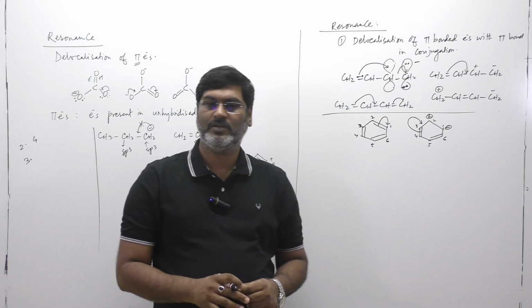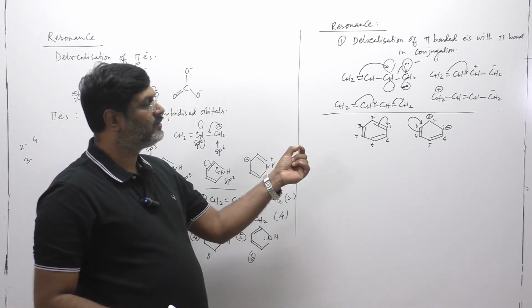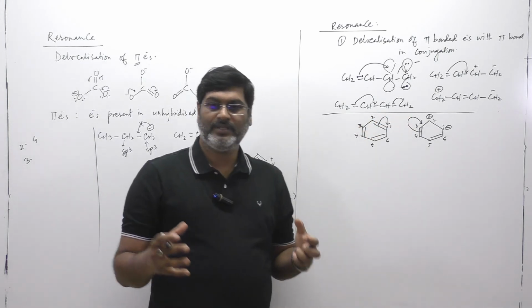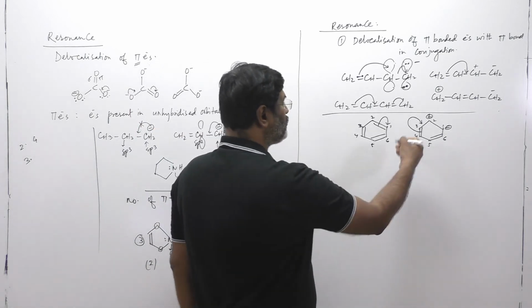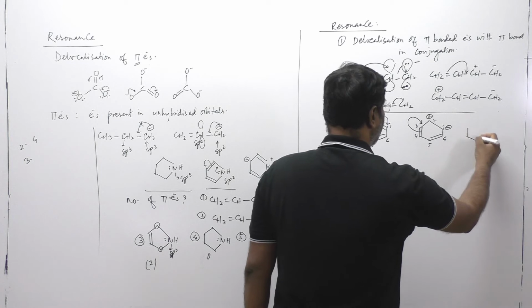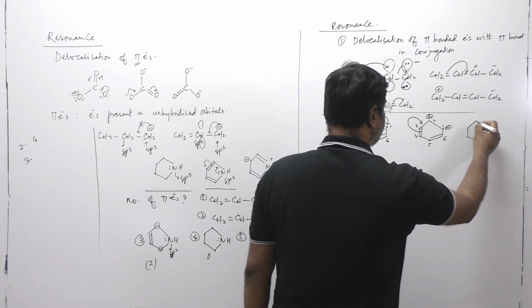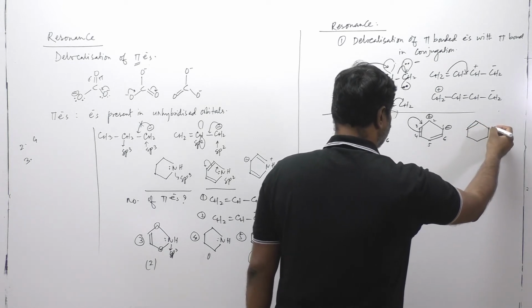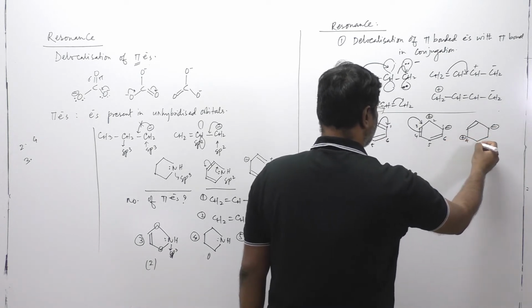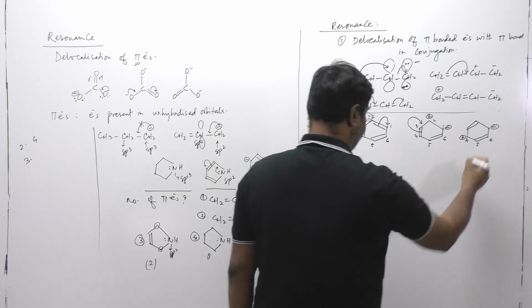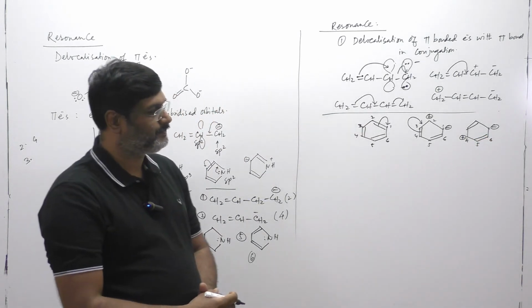This shifting is possible because at the second place, one of the orbitals is vacant. So what is the resultant structure? The resultant structure is like this. The negative charge is there, the positive charge comes on the 4th place, and the 5th and 6th places are like this.